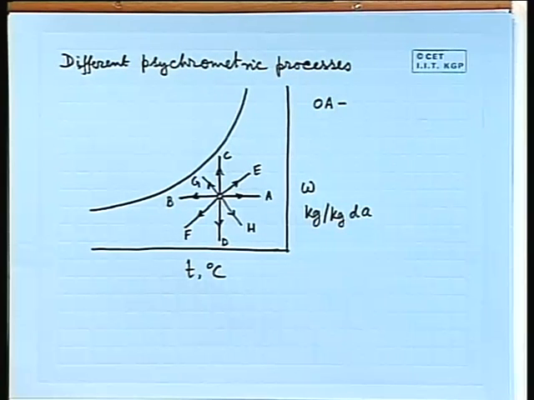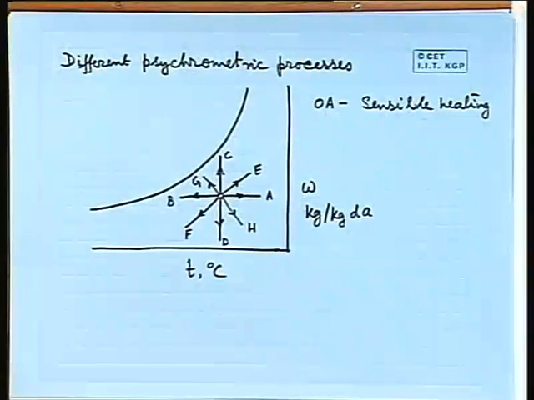So, OA is an increase in temperature, but there is no change in W. So, this is called sensible heating. OA is sensible heating. So, quickly let me identify all the processes. OB is sensible cooling.